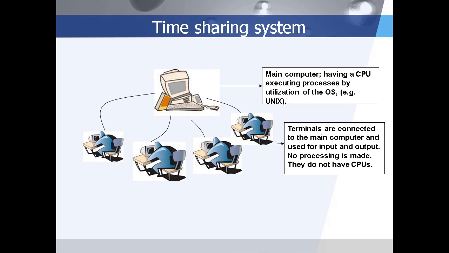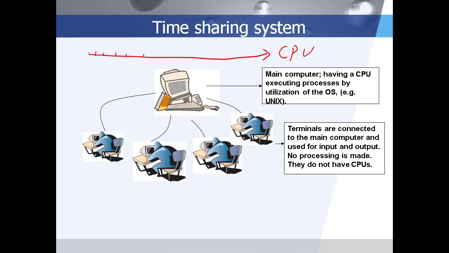So we have only one computer, but we can have multiple users log into the computer, and the users will share the computer. Suppose this is the CPU time. We can split the CPU time into small intervals.